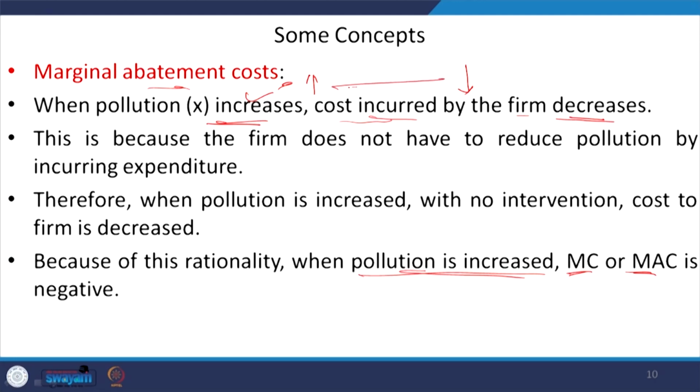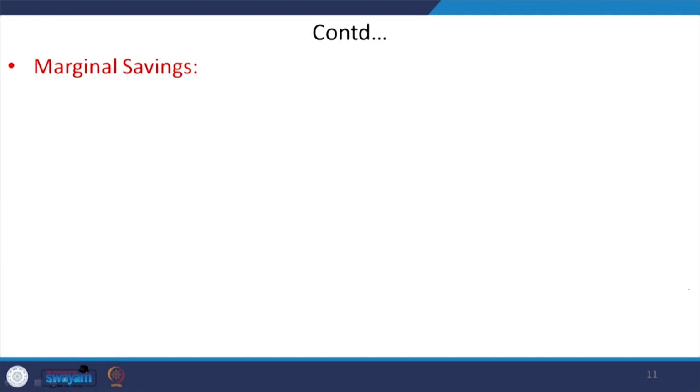So, there exists a negative relationship. So, that is why we are saying when pollution is increasing, the marginal cost or marginal abatement cost must be negative. So, that is why we are saying minus of marginal cost or minus of marginal abatement cost.